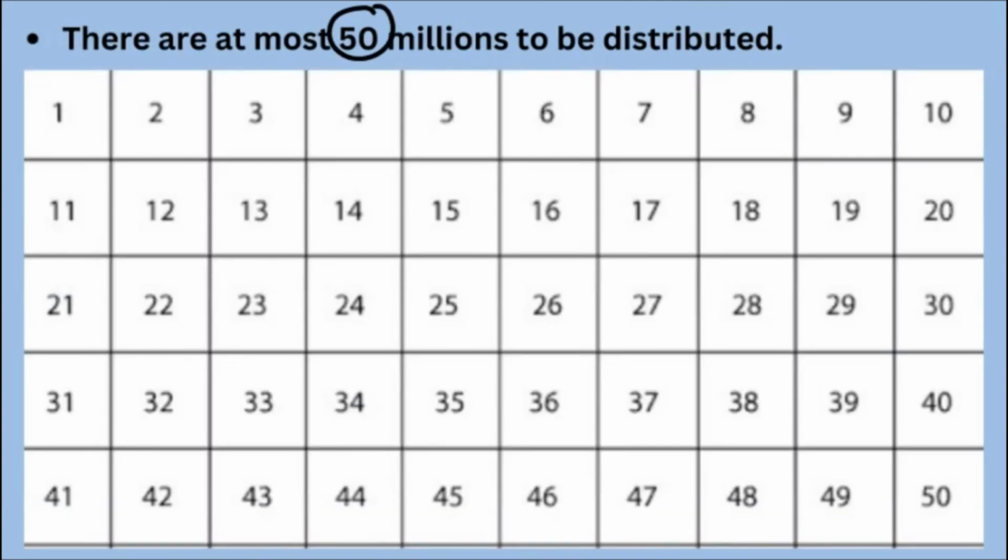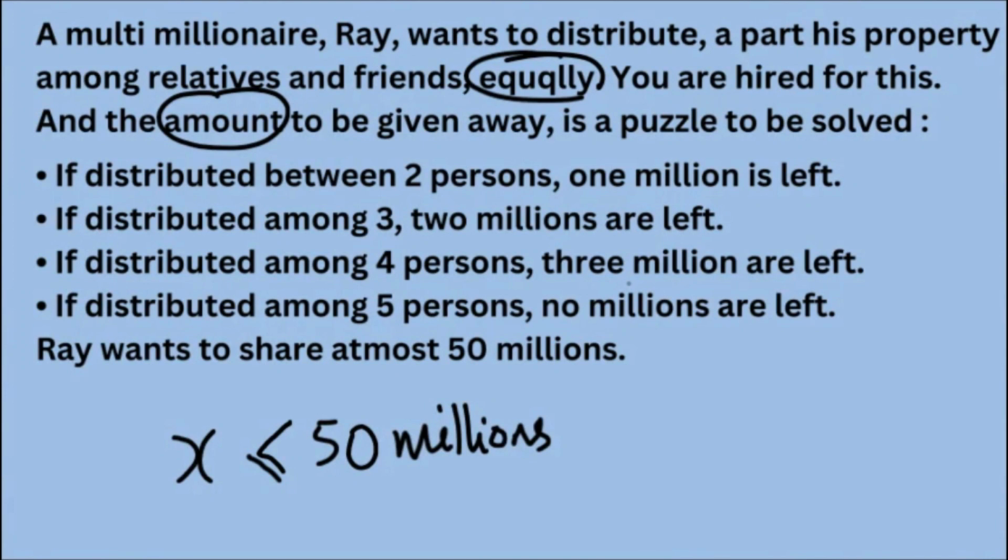As x is less than or equal to 50 millions, it should be any one of these numbers you see in this table from 1 to 50. From among the given conditions, we will go ahead with the last one. You will understand why.